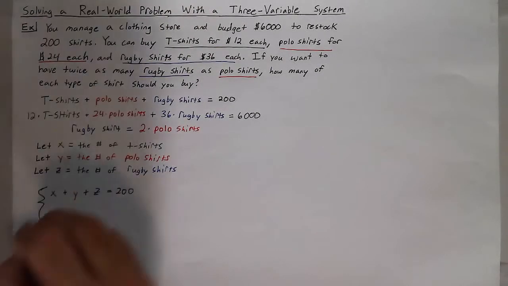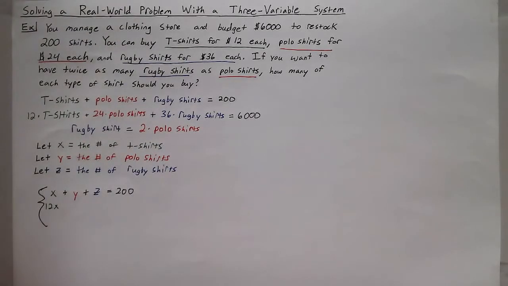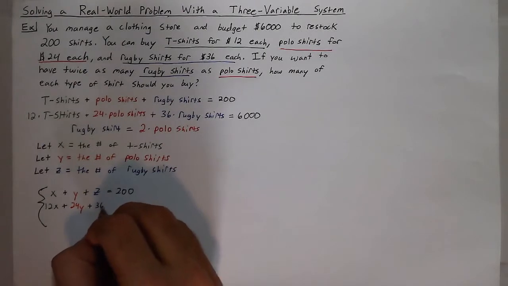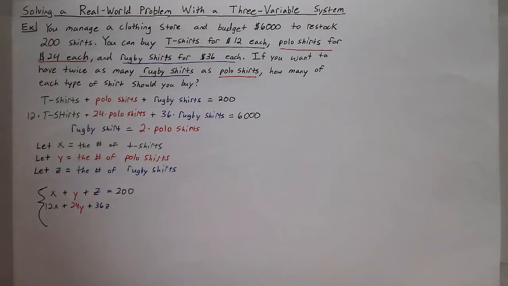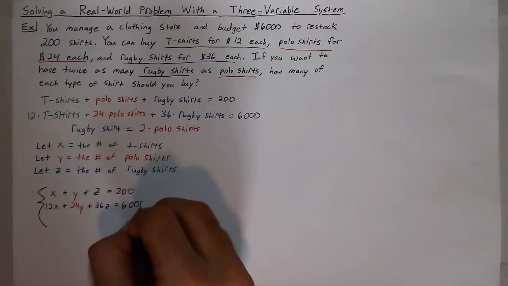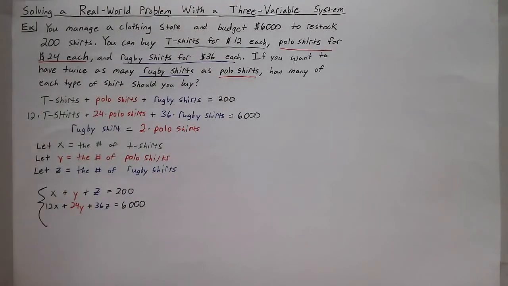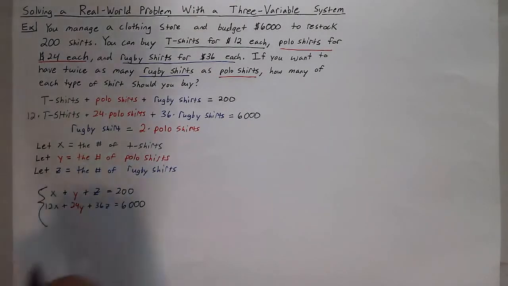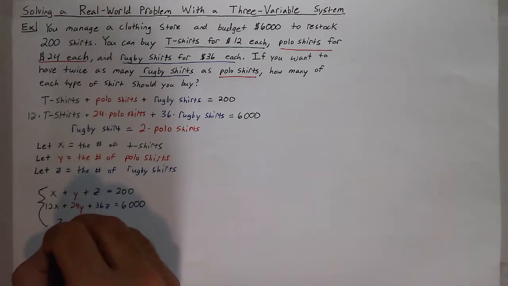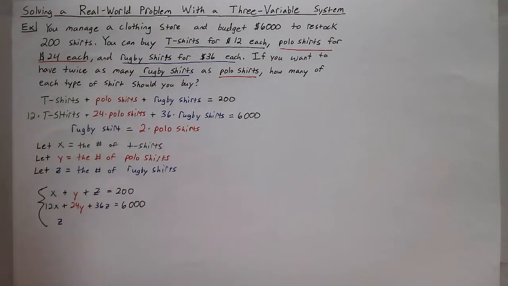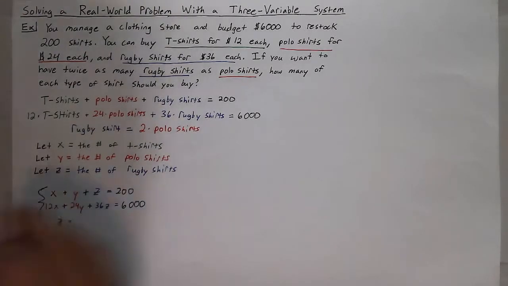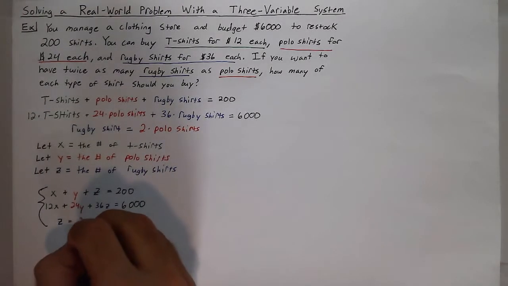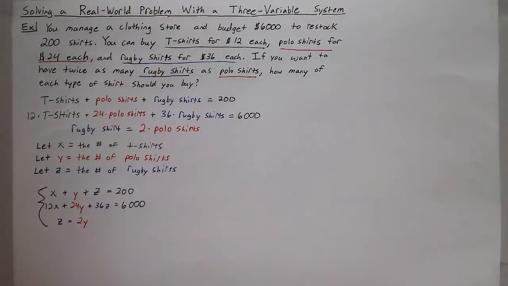Then we have 12x plus 24y plus 36z is equal to 6,000. And lastly, we have z is equal to 2y. So there are all of our equations.